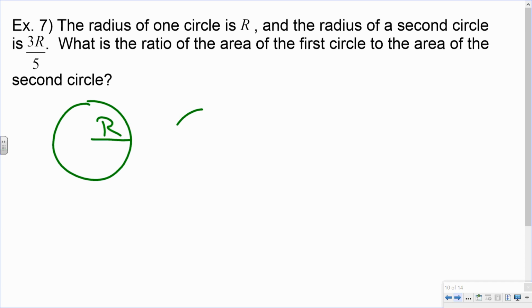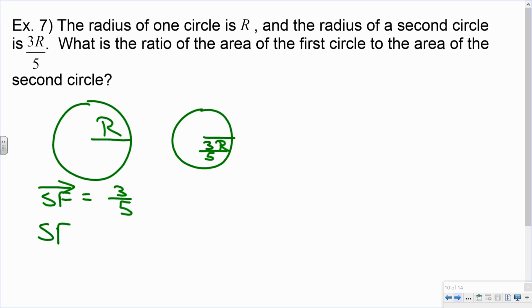Okay, so I'm going to have a smaller one so that its radius is 3/5 of r. So that tells us, one way we could look at this, that the scale factor, if I go from the big one to the small one, is 3/5. I took this radius times 3/5 and I got the other one. If I did the scale factor in reverse, it would be 5/3.